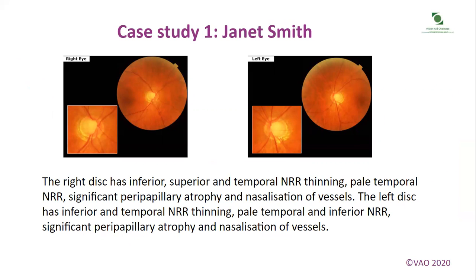Well, the right disc has inferior, superior, and temporal neuroretinal rim thinning, pale temporal neuroretinal rim, significant peripapillary atrophy, and nasalization of vessels. The left disc has inferior and temporal thinning, pale temporal and inferior neuroretinal rim, significant peripapillary atrophy, and nasalization of vessels.